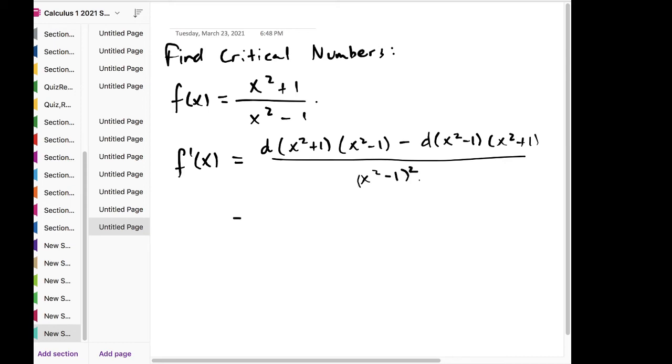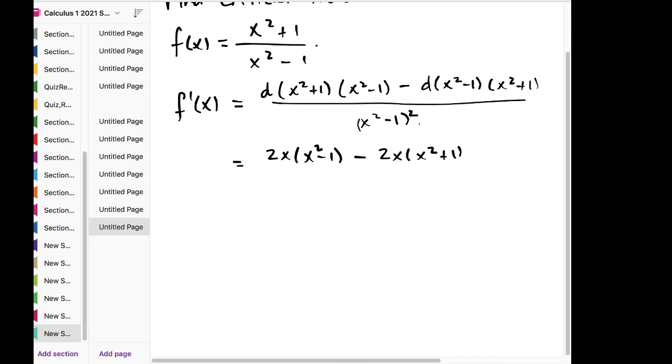Okay, so that is 2x times x squared minus 1, minus 2x times x squared plus 1, divided by x squared minus 1 squared. Notice that there's a 2x that we can just factor out.